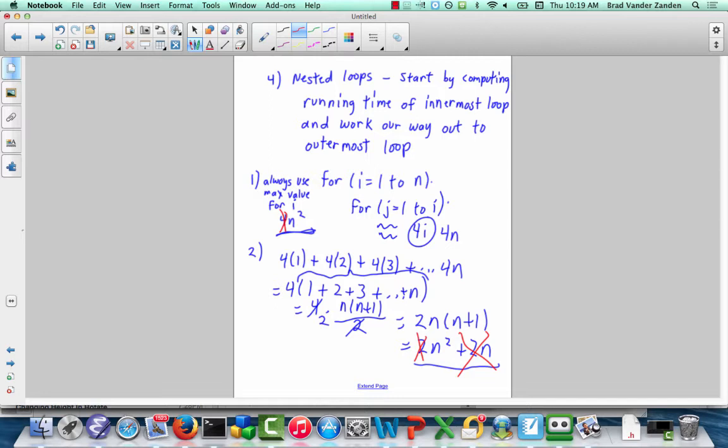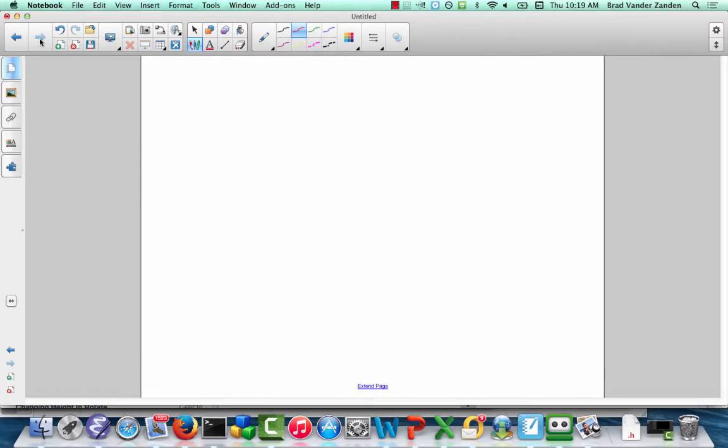Okay, so questions about that? And the final thing is if you have a function, because functions are the last control structure.